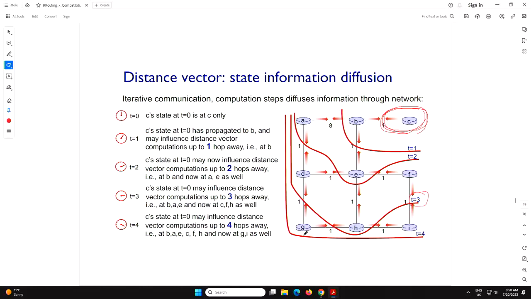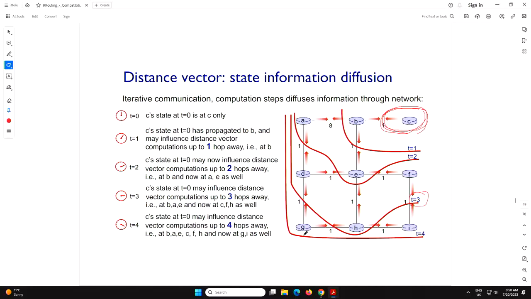But here it's not broadcasting, it's not flooding, it's just exchanging iteratively, let's say every 30 seconds or so. So it takes multiple iterations. T4 means you can multiply 4 by 30 seconds, so it takes 2 minutes in this small network for a routing table's information to be propagated to all the nodes in the network.